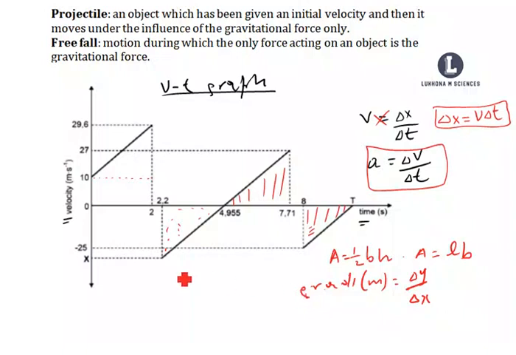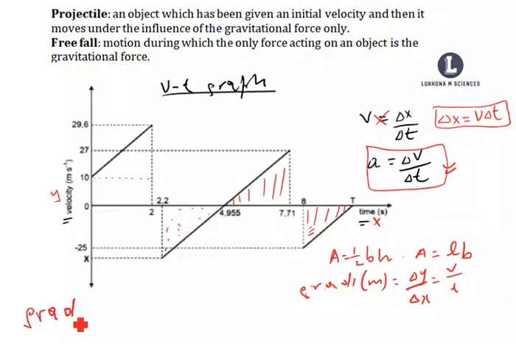In this case we have v as y and t as our x, which means this is v over t. Now v over t in this case is acceleration, which means the gradient of this graph represents acceleration.